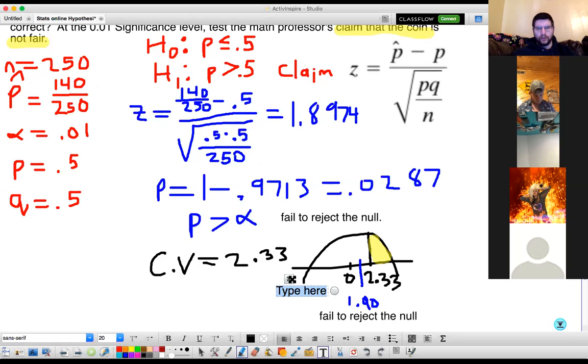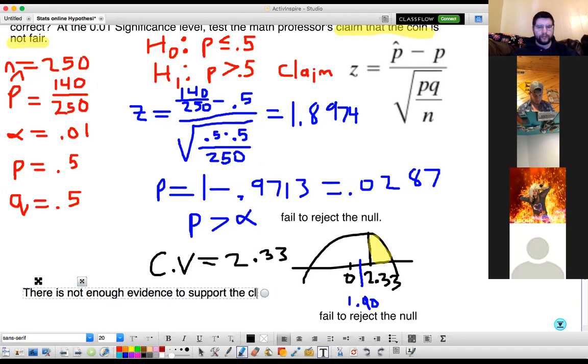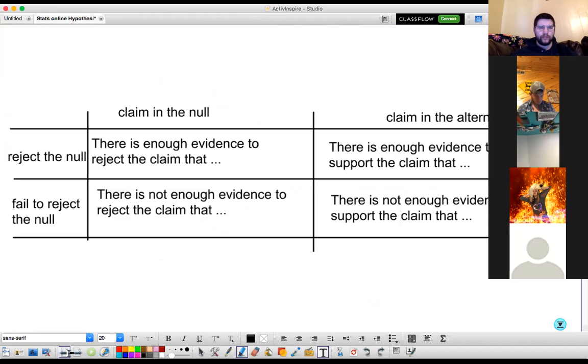Since we fail to reject the null and our claim is in the alternative, there is not enough evidence to support the claim that the coin is not fair. So that comes straight from this chart right here. This chart must be known to you.